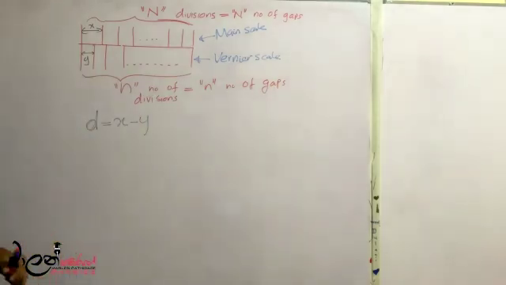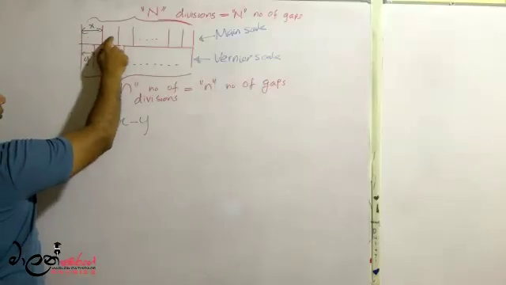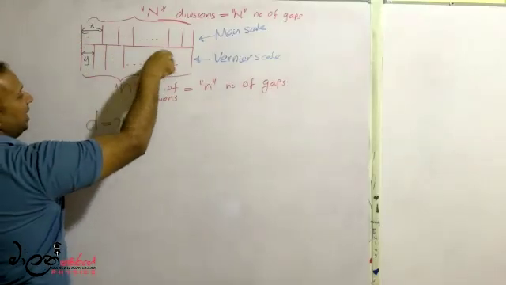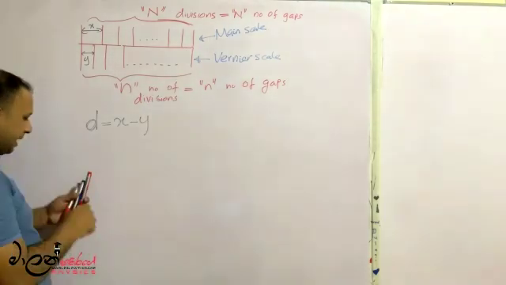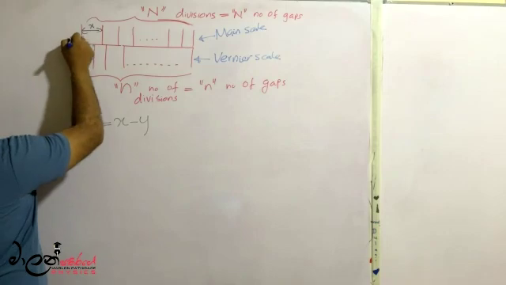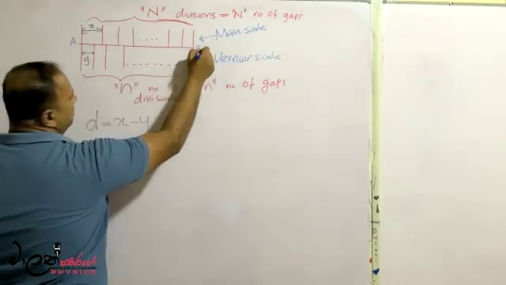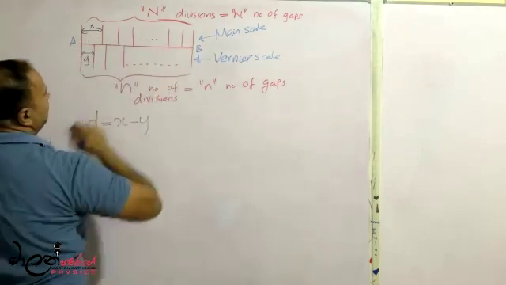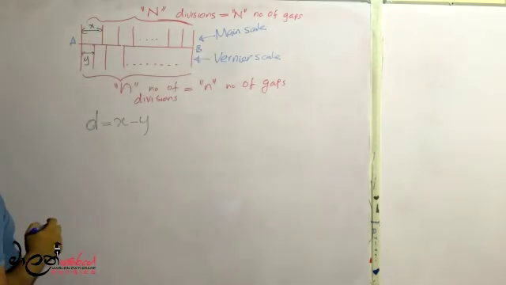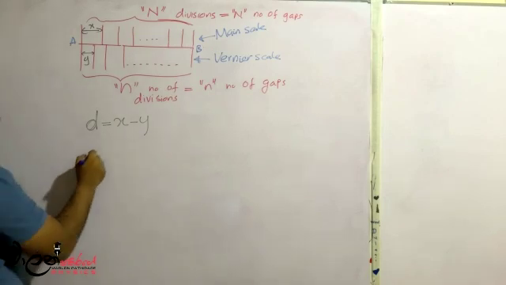So that means from here to here, there are capital N number of gaps. That means from A to B, the AB length can be found.